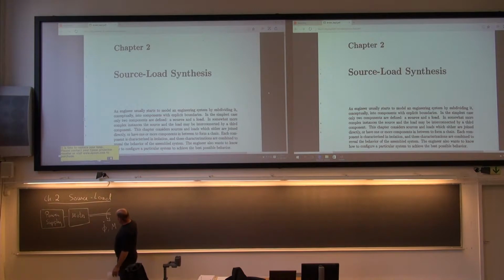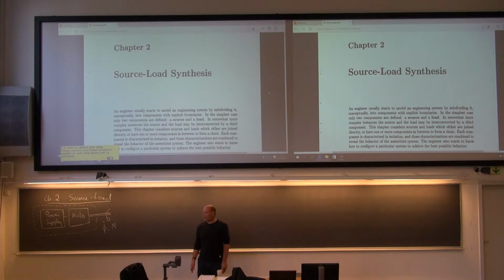So we will now make this picture easier. If you look into a battery, how it's designed, how it actually works, or not to mention inside a motor, it's very complex indeed. We are frankly not interested in the details here. So we do the following. We just lump this together and say, this is my source.